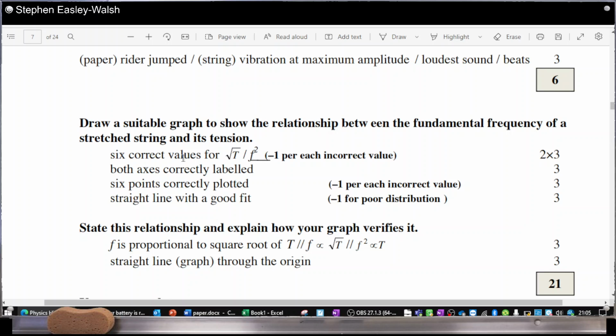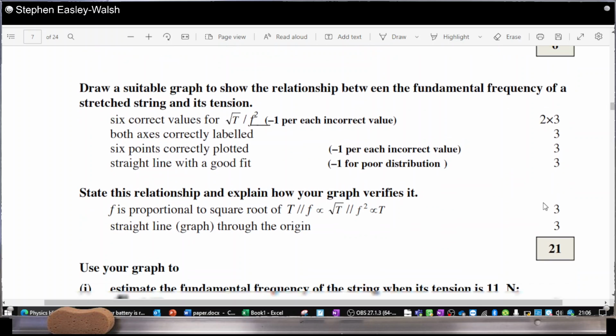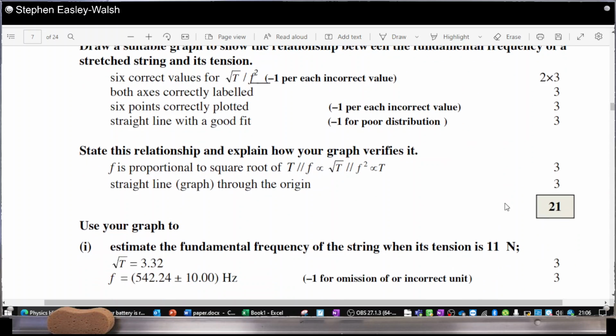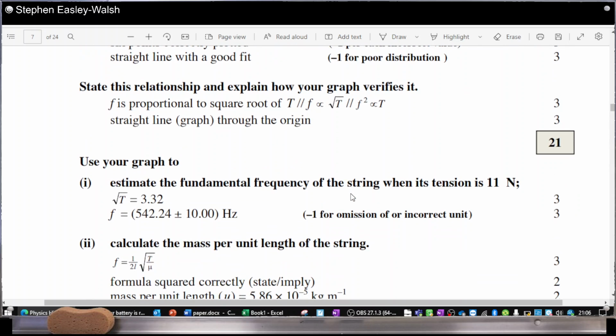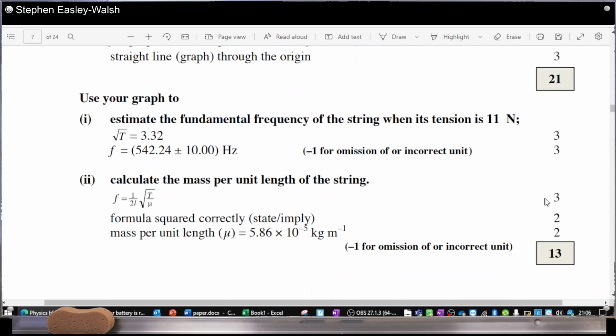Oh, 6 marks for taking the roots, is it? Yeah, and then 3 marks for the straight line, 3 marks about the proportional statement, 3 marks about the straight line through the origin, 6 marks for, I got 550, that's within the plus or minus 10 exception. 3 marks for mentioning the formula, and formula squared correctly or stated implied, and then finding it.